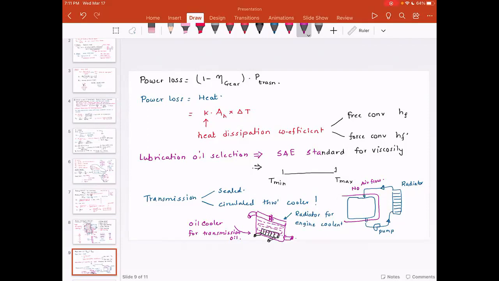It becomes black, and you will notice that the engine performance deteriorates. So that's why the automotive manufacturers specify a certain duration in which the oil has to be changed, just to make sure that the oil is maintained at its peak operating performance.